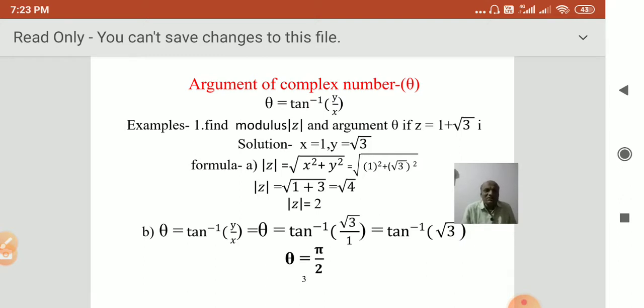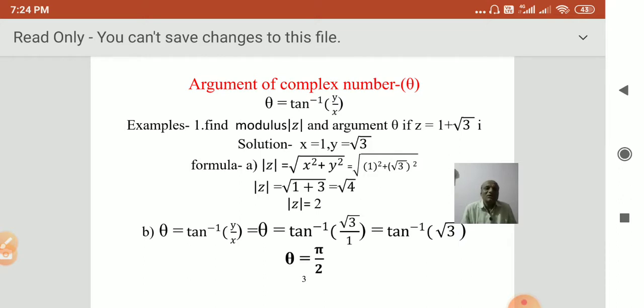While solving this example, you compare the given complex number with the standard complex number x plus iy. So after comparison, we get the value of x, that is 1, and the value of y, that is square root of 3. Now the formula to find the modulus of a complex number is mod of z equal to square root of x square plus y square.